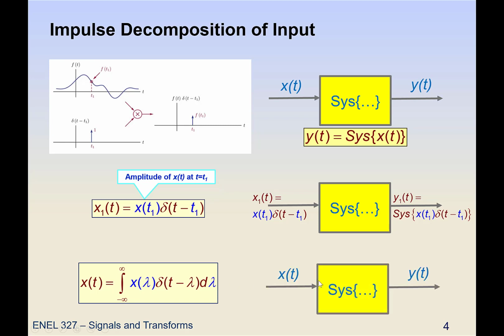And that means that if we know how a single impulse is represented through the system, then when the system is linear and time invariant, we should be able to rebuild y by just summing up those responses as well.